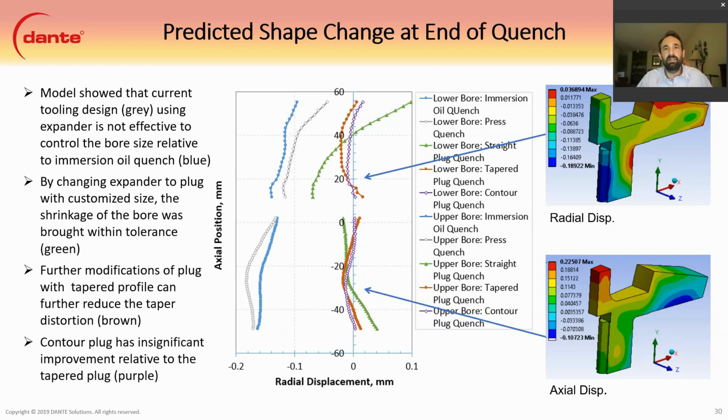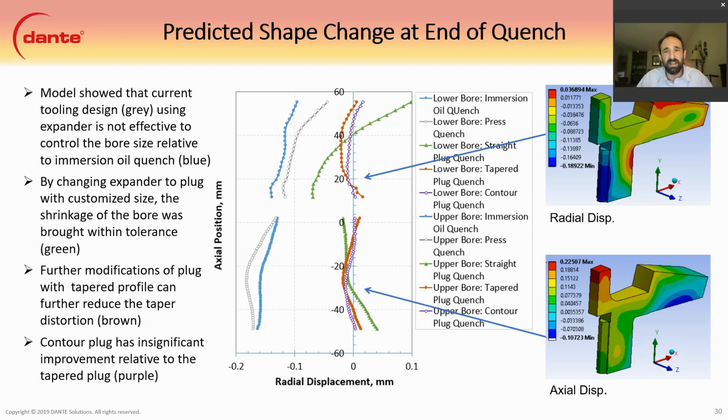So, like I said, the problem here was the shrinkage of the bore. So to understand the effects of the tooling, the first model that gets executed is a free quench without tooling, which is the blue line there. The gray line was their process as it was, with the loads and the locations and the sizes of all the tooling.